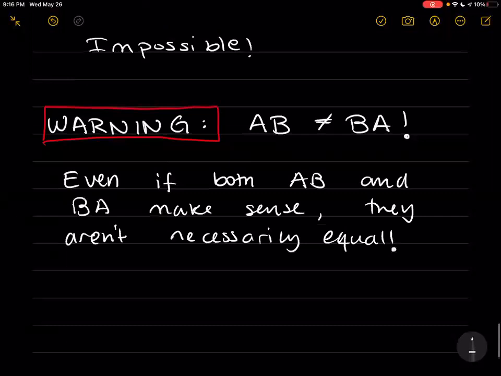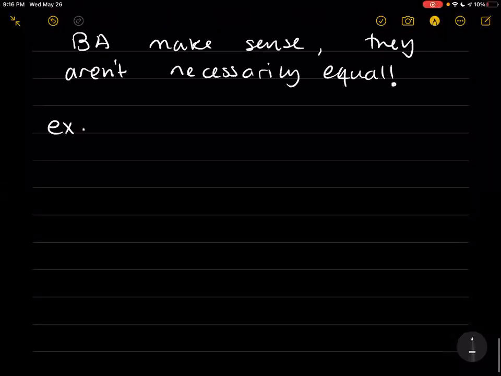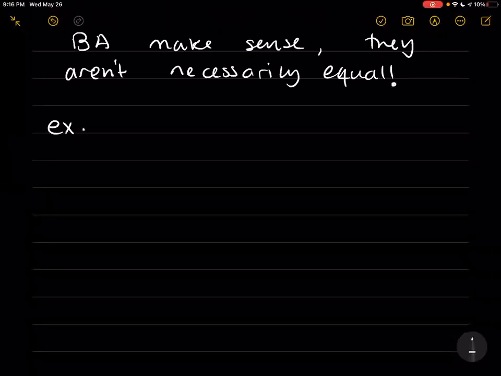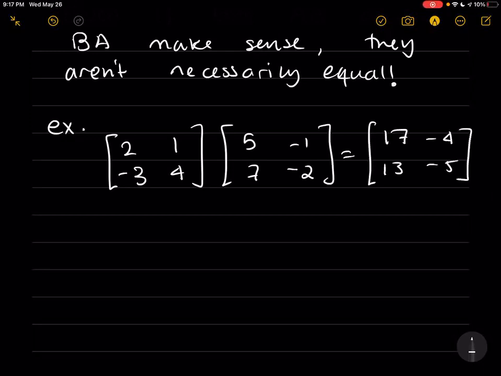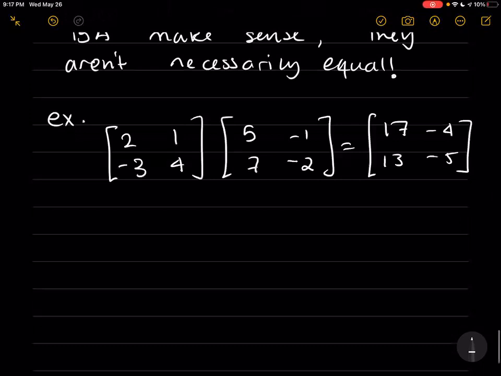So just to really hone in on this point, our first example of matrix multiplication we had 2, 1, -3, 4 times 5, 7, -1, -2. And I think we found that that became 17, 13, -4, -5. Okay. So let's go ahead and take a look at what happens when we swap these two.